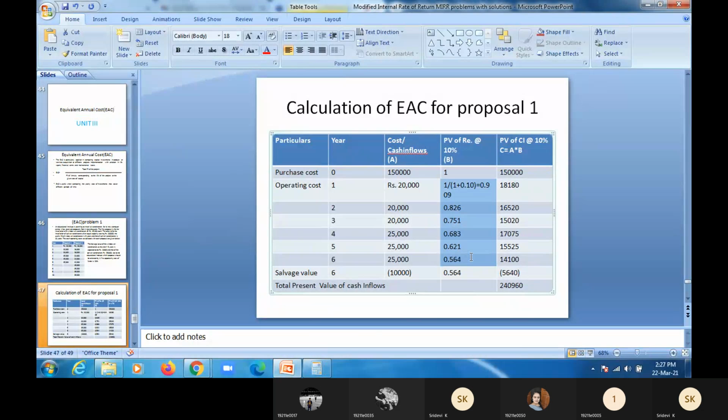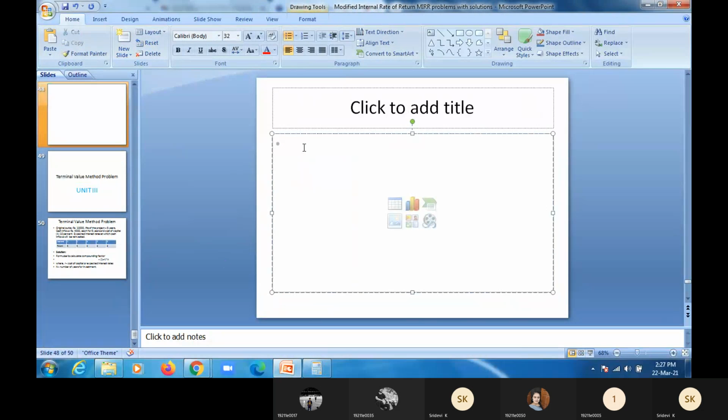If you sum up these values, how much are you getting? This is the total value of the present value of annuity.